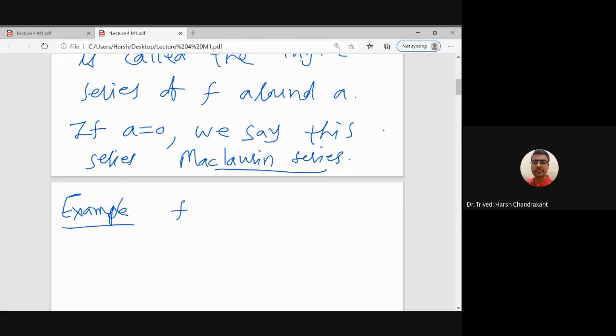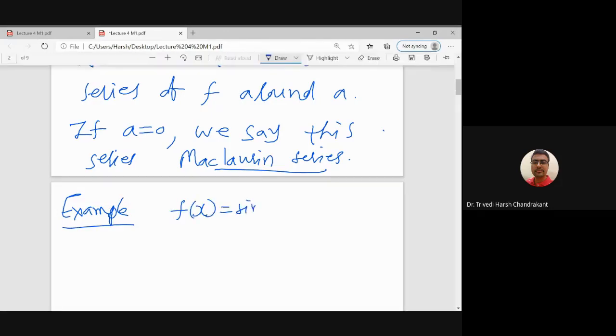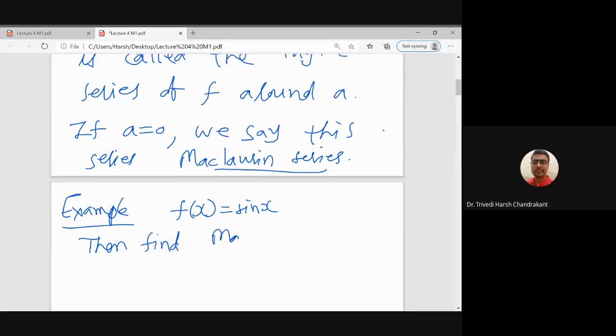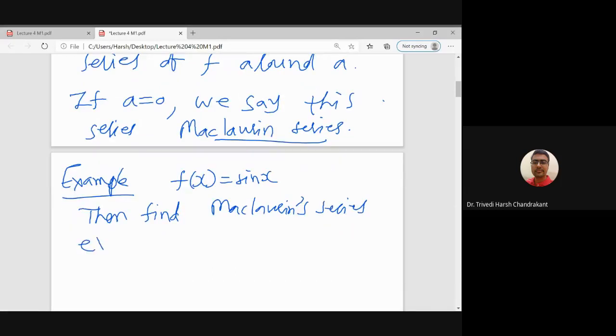So let us take a function f(x) equal to sin x. Then find the Maclaurin series expansion of this function.